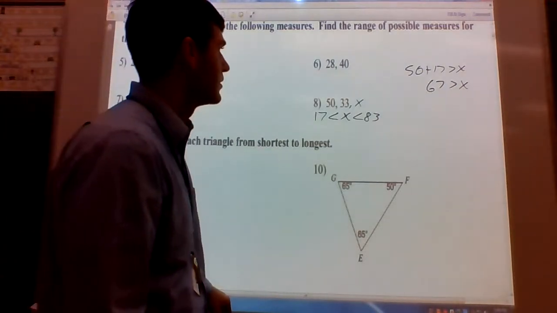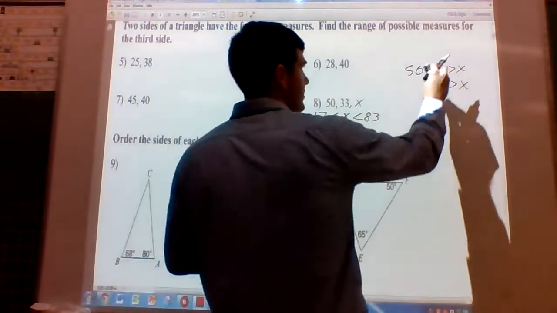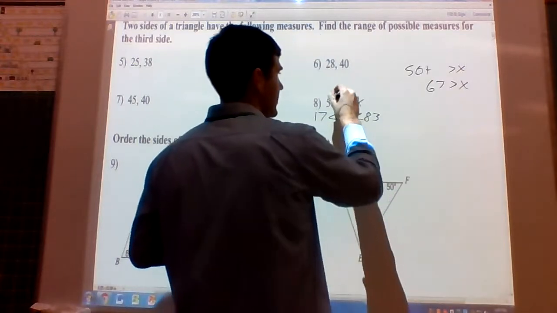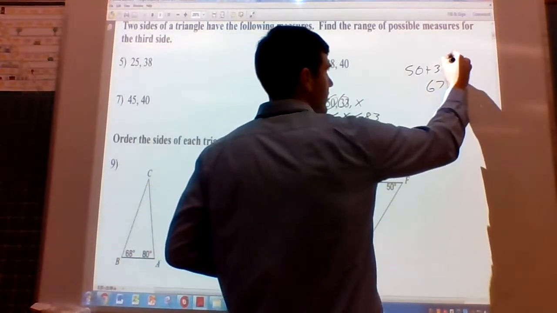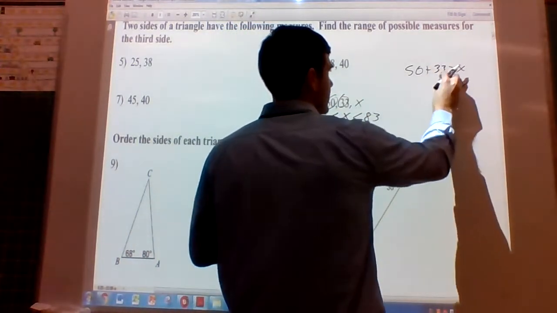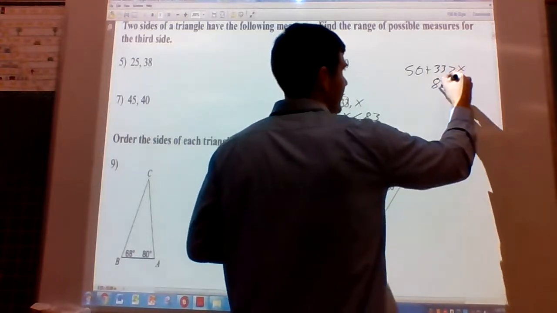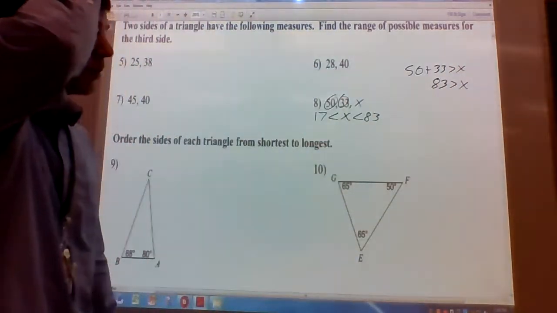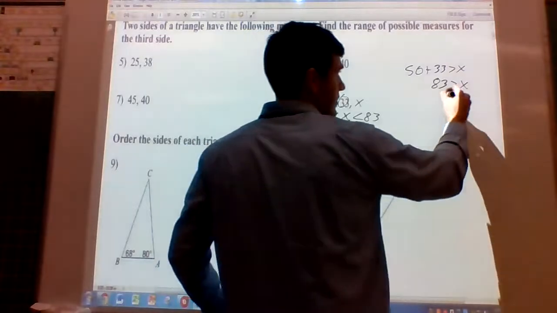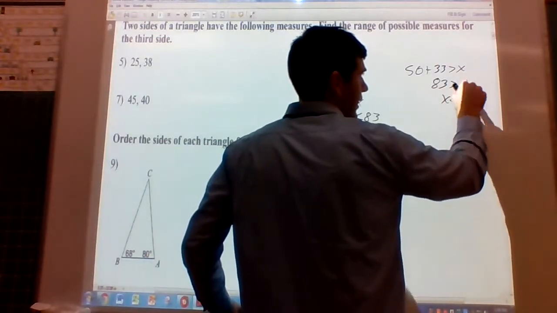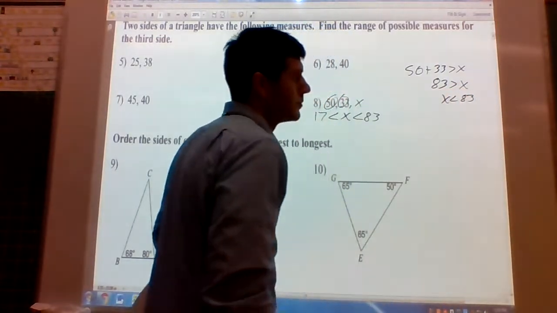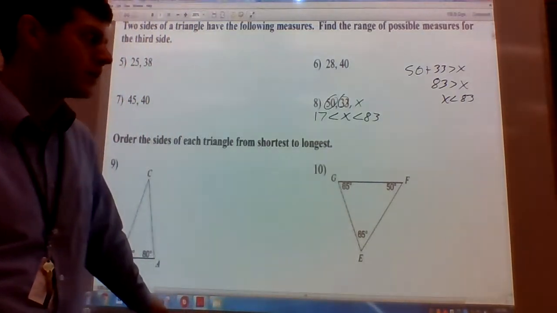Wait, what? Sorry, 50 plus 33. 50 and 33. So then we're going to add them together and we get 83 is greater than x. Or, again, same thing, x is less than 83, right? X is less than 83, but 83 is greater than x.